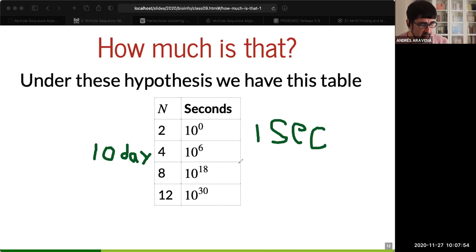You can do it more finely, but I will say something like 10 to the power of 7, with a factor of 3 or so. Let's say 10 to the power of 8, just to fix an idea. Therefore, this is something like 10 to the power of 10 years.